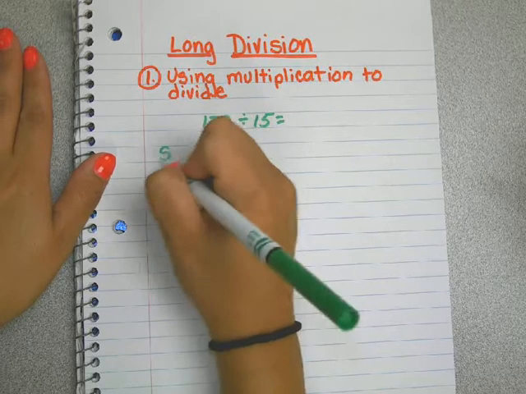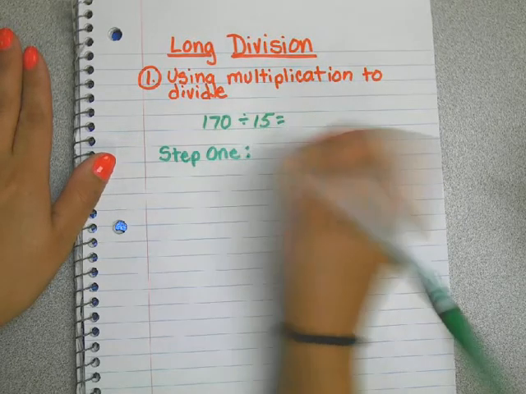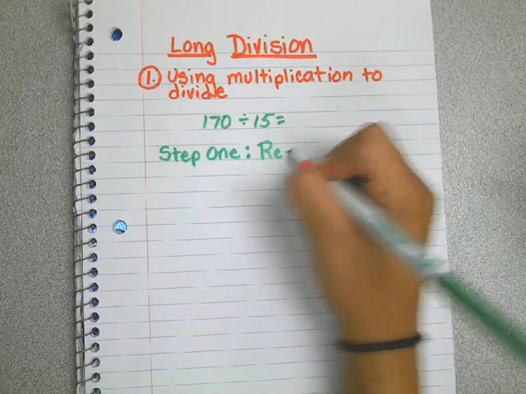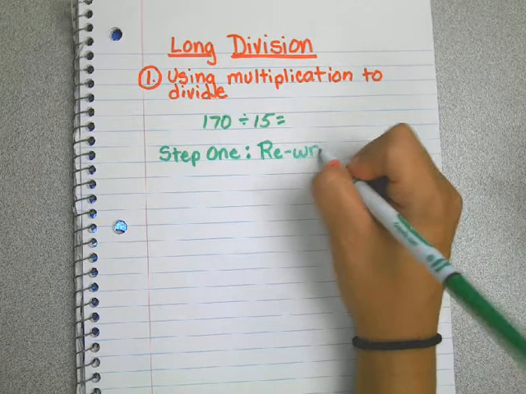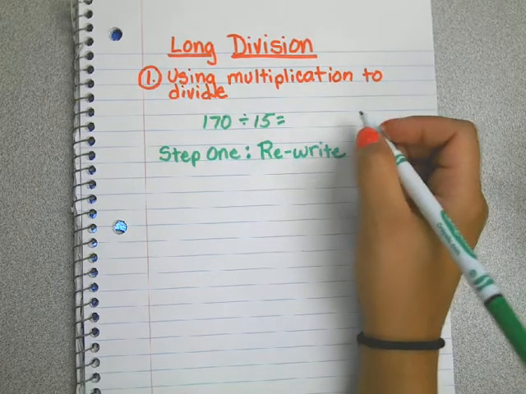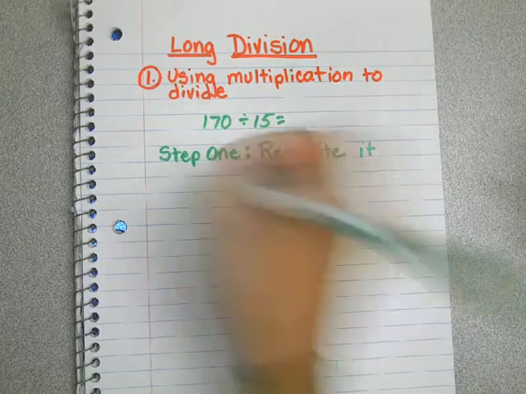So step 1, rewrite it as a multiplication problem. Or it's actually a missing factor problem.